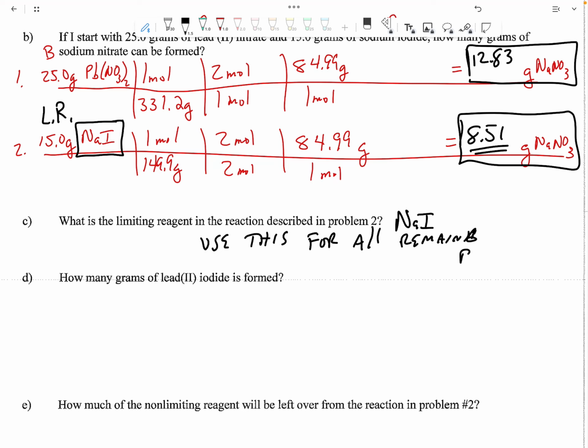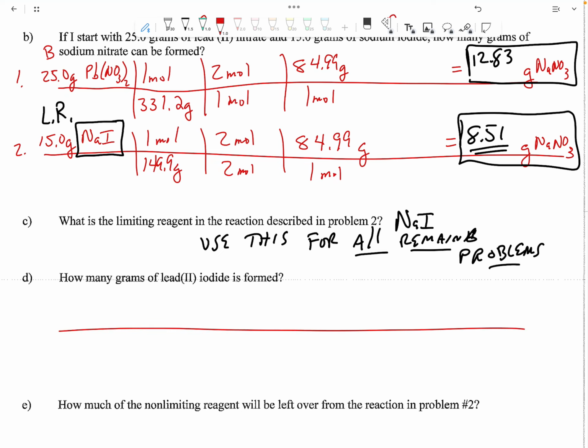Remaining problems. Okay, so if we use this for all remaining problems, we'll start off with our 15 grams of NaI. Try to find out the mass of lead-2 iodide. Mass-to-mass problem again.